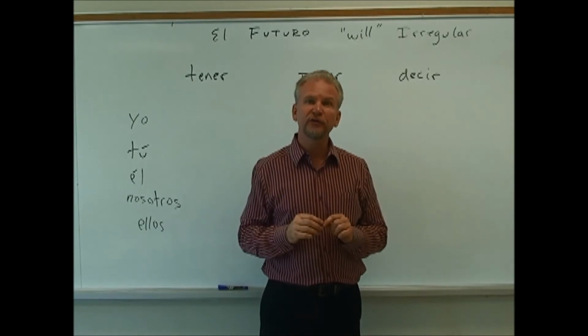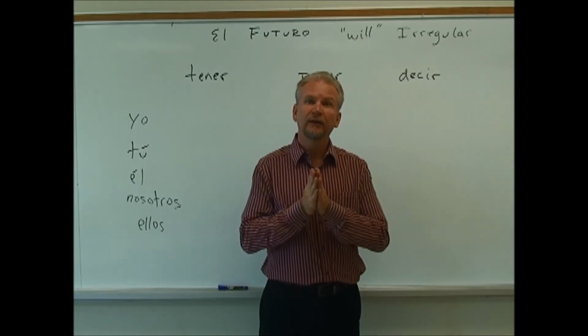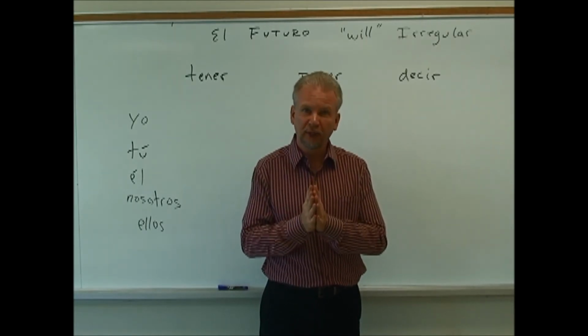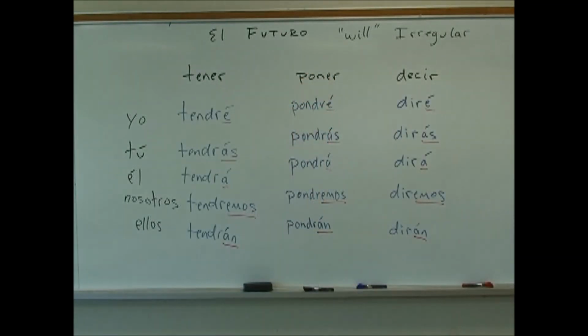Let's see how these verbs are conjugated in el futuro irregular. Now we see these verbs conjugated. The endings, though, are the same. The endings are exactly the same as all the futuro verb conjugations. What's changing is a little bit of the stem or the root of the verb, how we write it down.